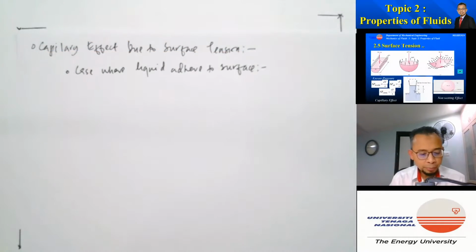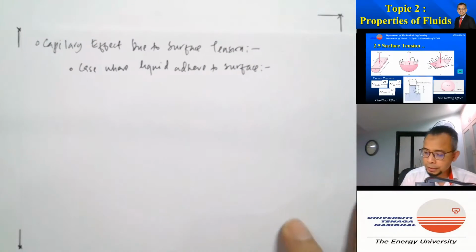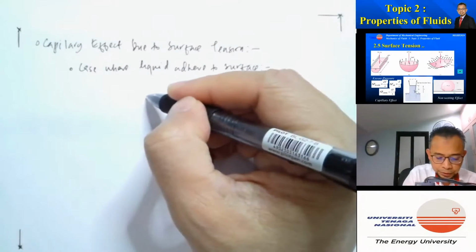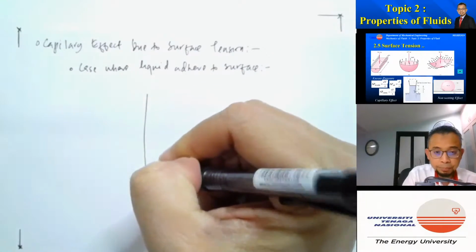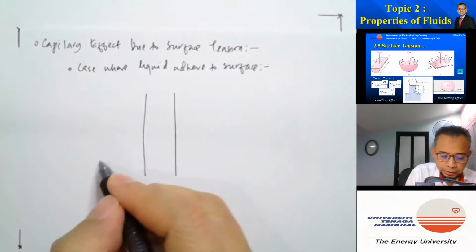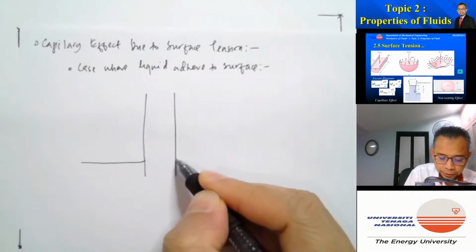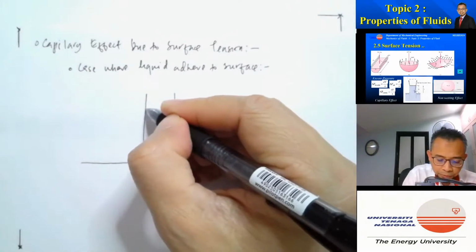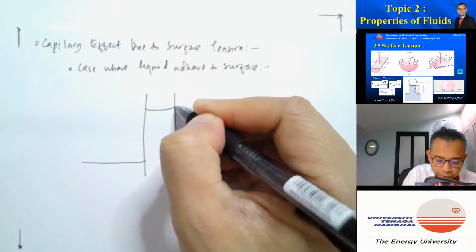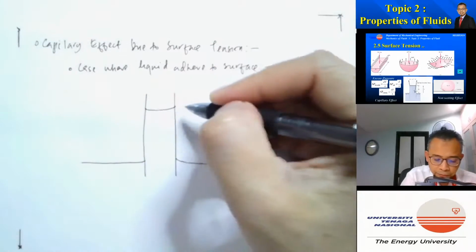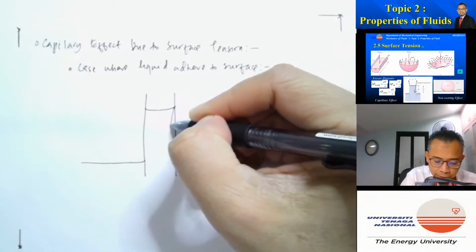So let's consider the capillary effect for a liquid which adheres to the surface of the tube. So this is the tube and this is the liquid. Part of the liquid will rise upward like this, and let's say it forms an angle theta.